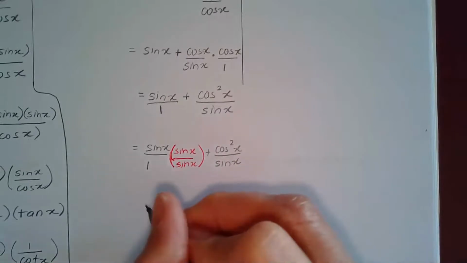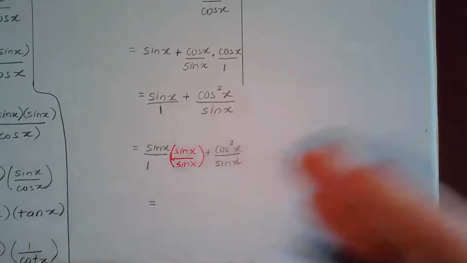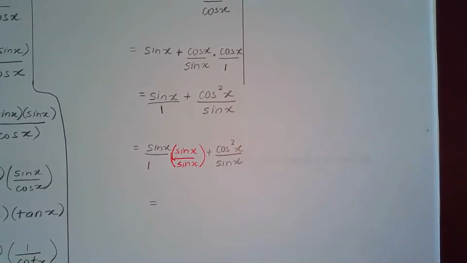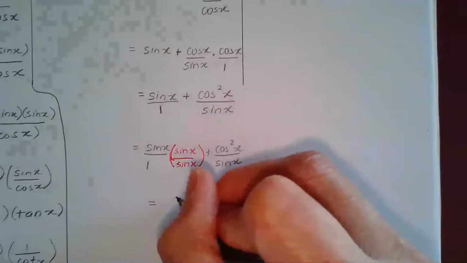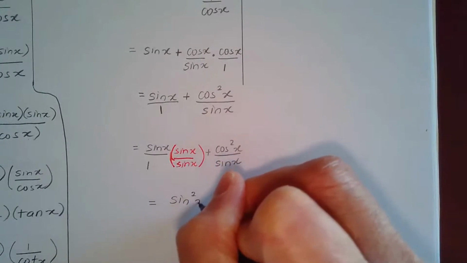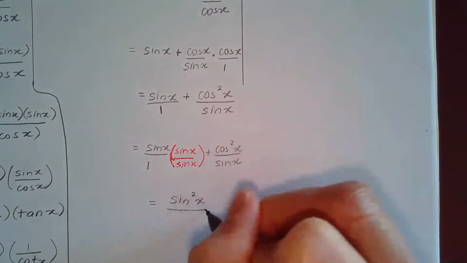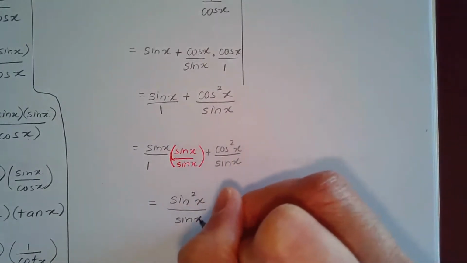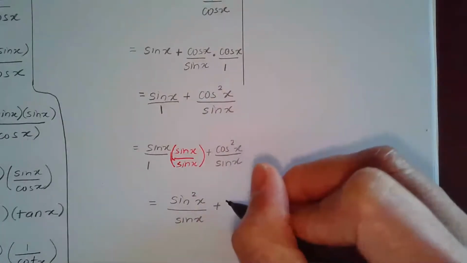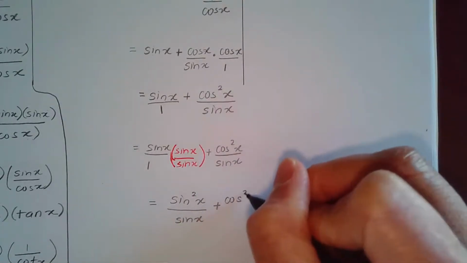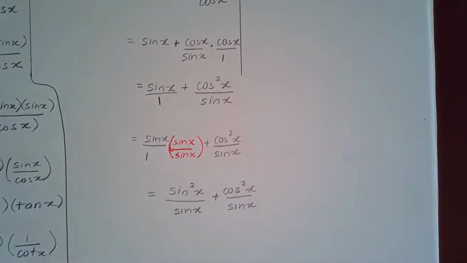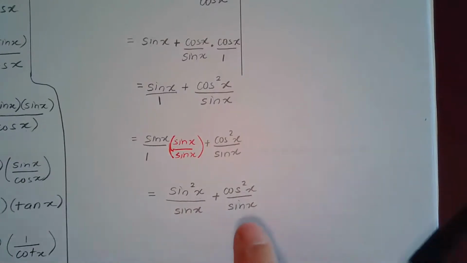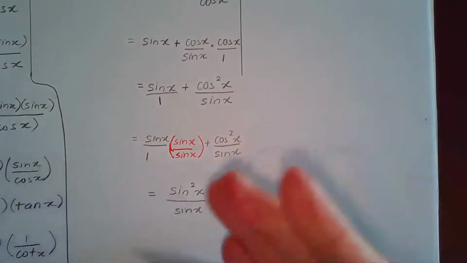Now you're probably seeing something coming along. Sine of x times sine of x is sine squared of x over sine of x, plus cos squared of x over sine of x. These two fractions have the same denominator, so we can combine them.